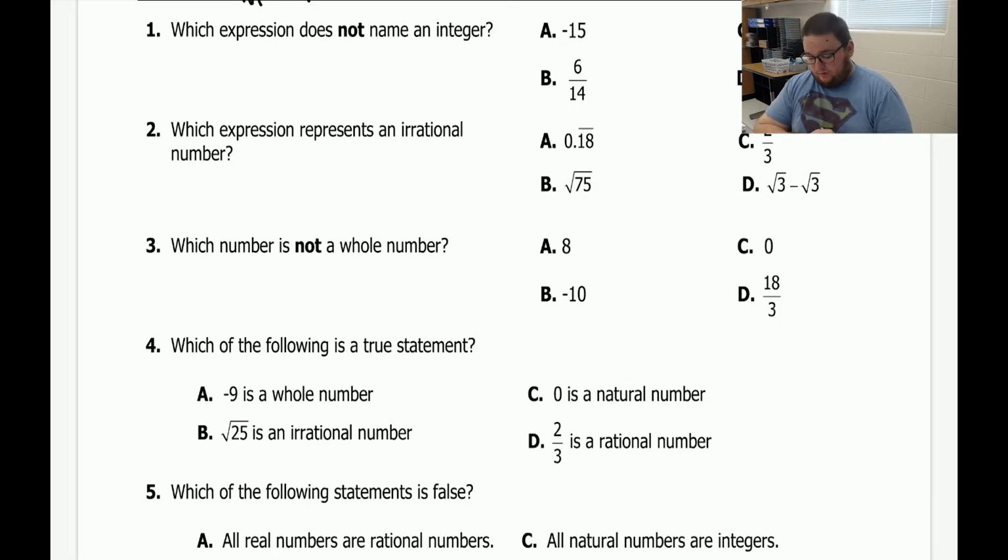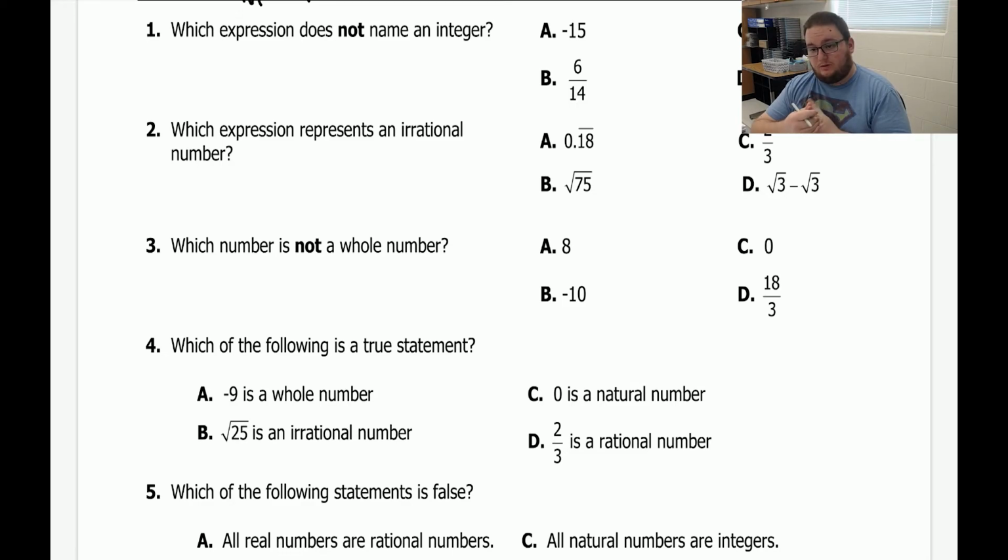So with this section, we're having some multiple choice questions and some fill in the blank. So number 1 says, which expression does not name an integer? Well, what you need to do is check each letter and tell me if it's an integer. So A, negative 15. That's an integer.